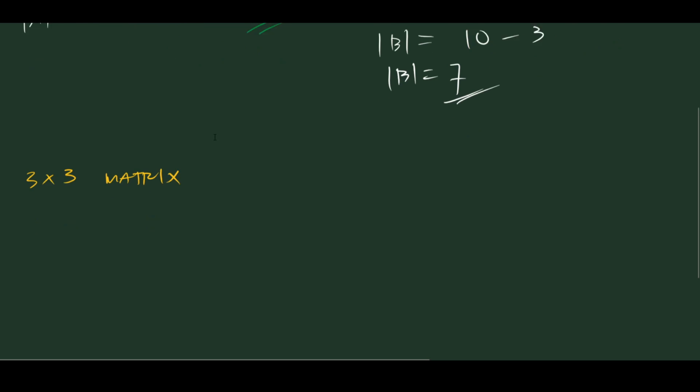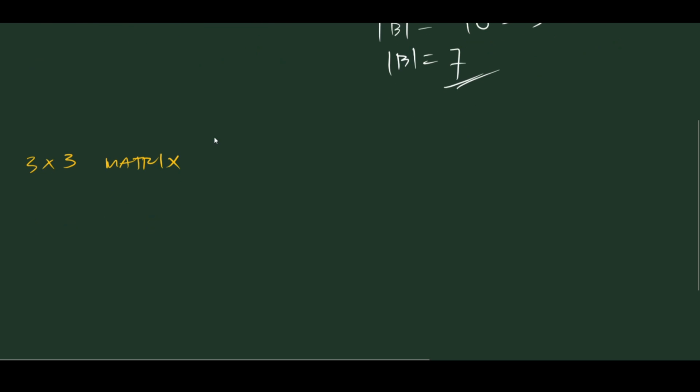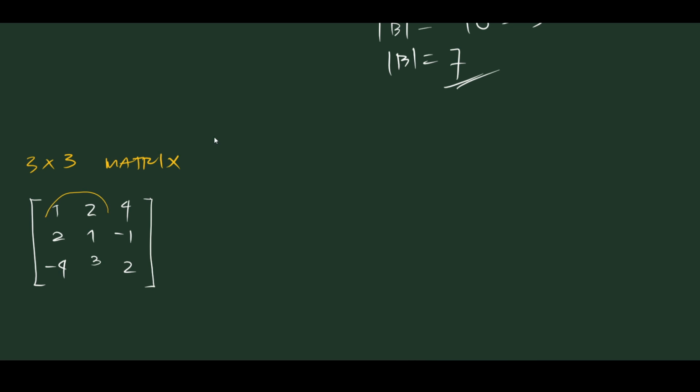I don't know if you already know this, but here it is. So let's say we have a 3 by 3 matrix. This is 1, 2, -4. Just going to write it down. 3, and then 4, -1, 2. After writing down the matrix, we repeat this part on the right side.